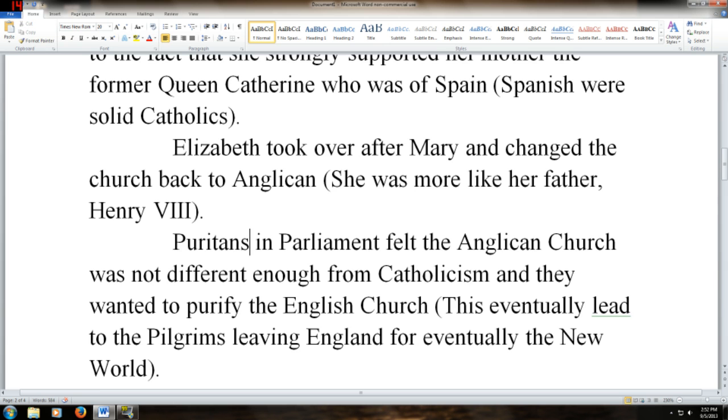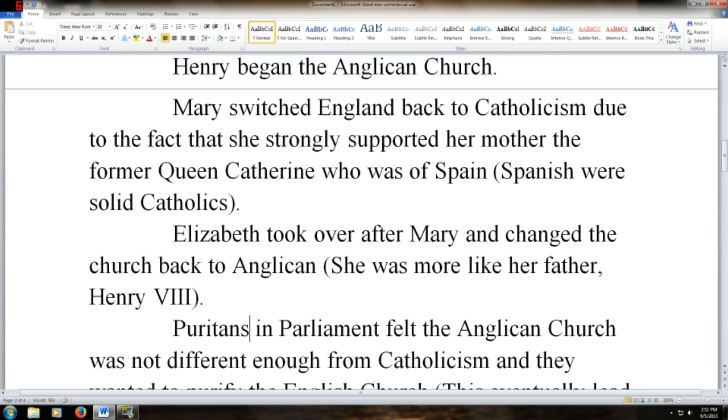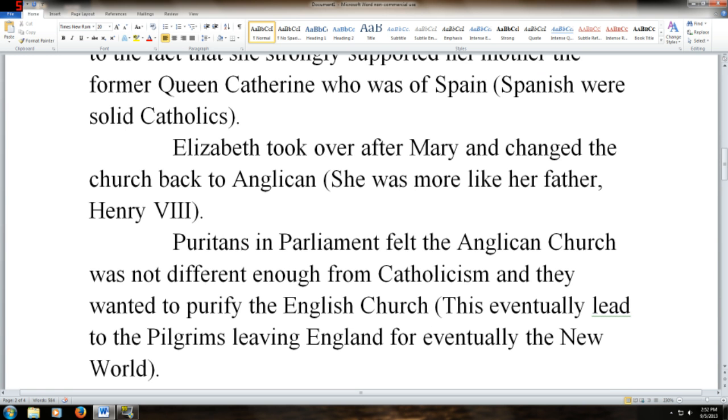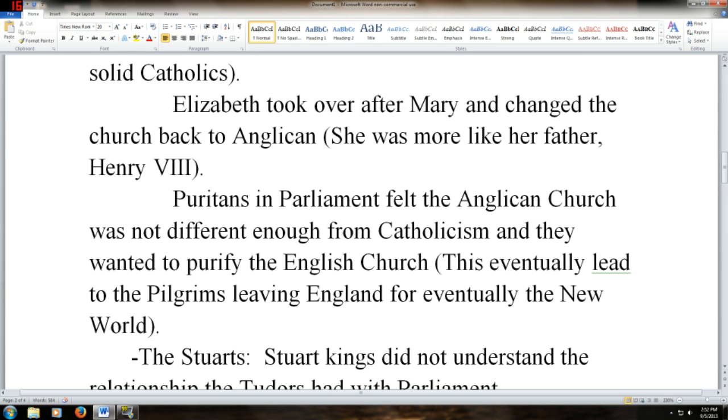Because one thing that Henry and Elizabeth did is the Anglican Church was almost an exact copy of the Catholic Church. If you went into Anglican ceremonies, it would be the same ceremonies if you went into a Catholic ceremony. So the Puritans said, this isn't too different from Catholicism, so we need to purify the church and make it a wholly new church that's better and not like the Catholics.